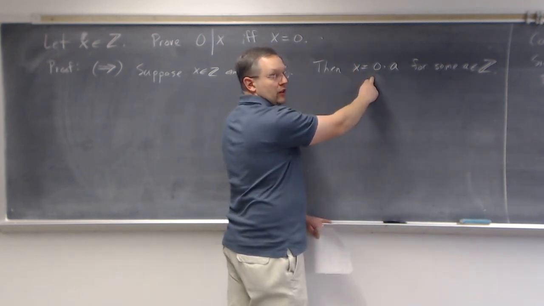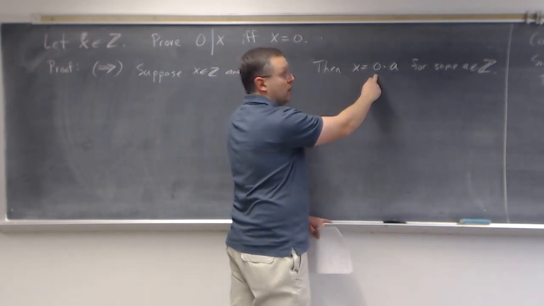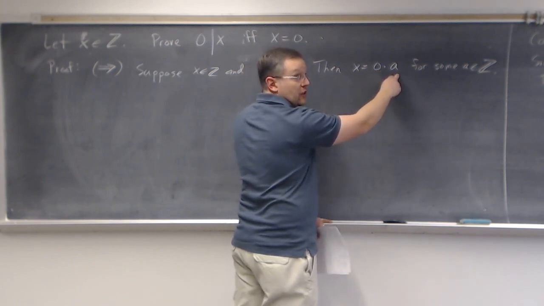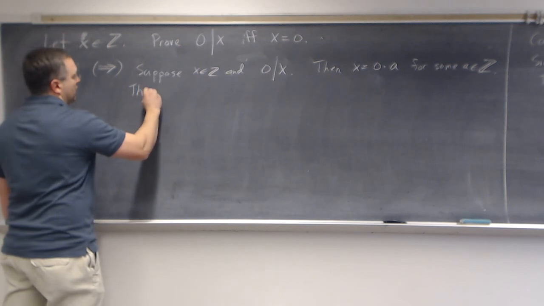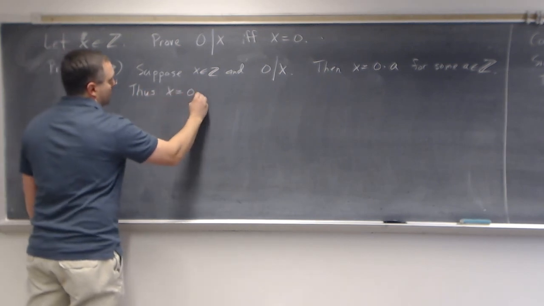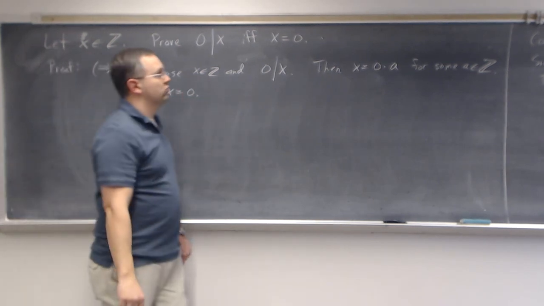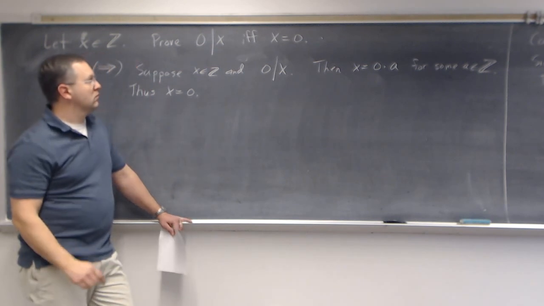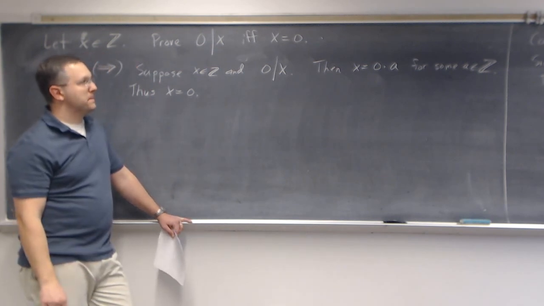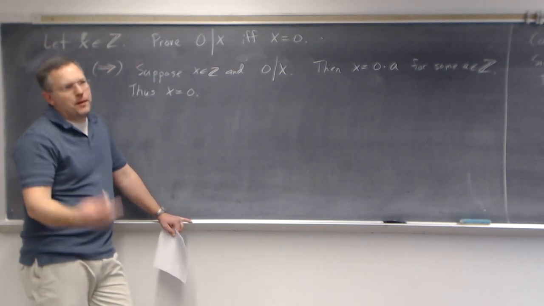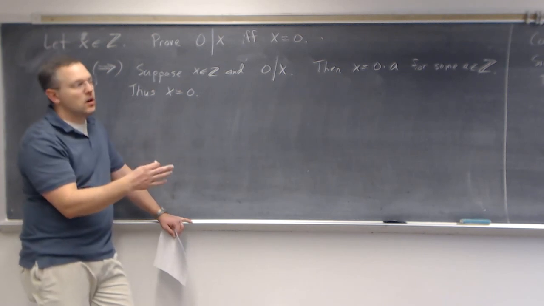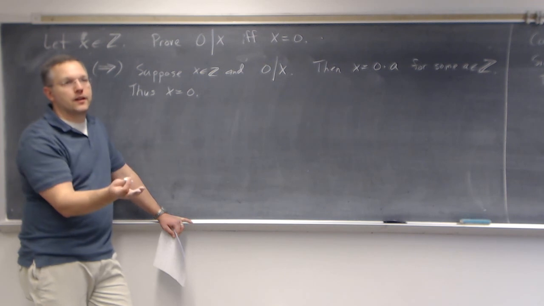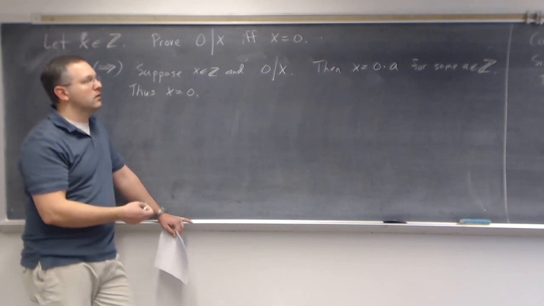Isn't it pretty easy to conclude that x equals 0? Because 0 times any integer is 0. So I would just say, thus, x equals 0. It's pretty obvious, but you could say, because 0 times a is 0.